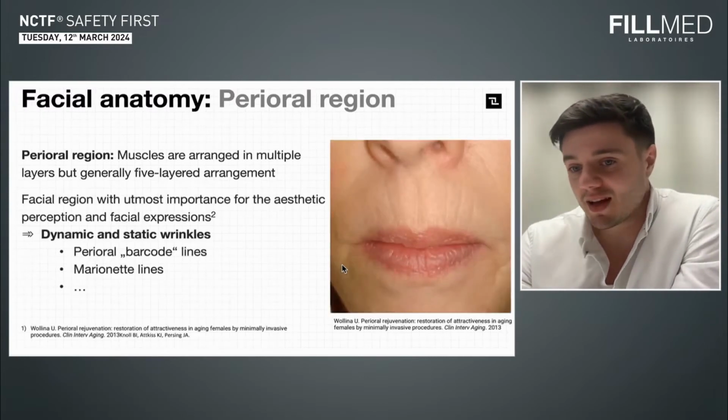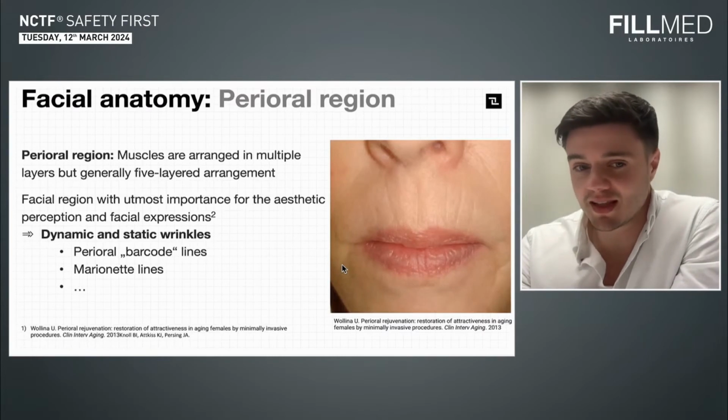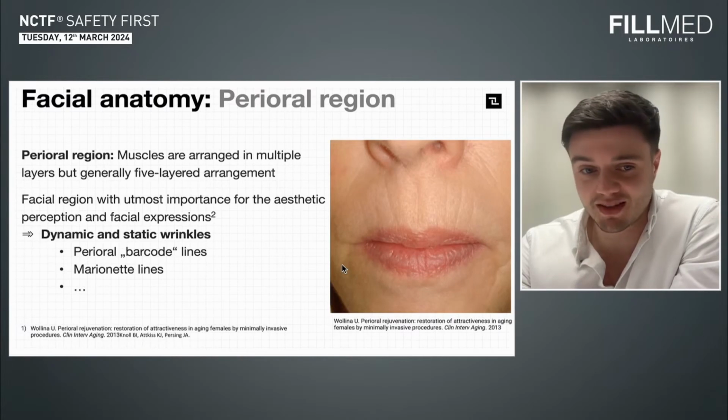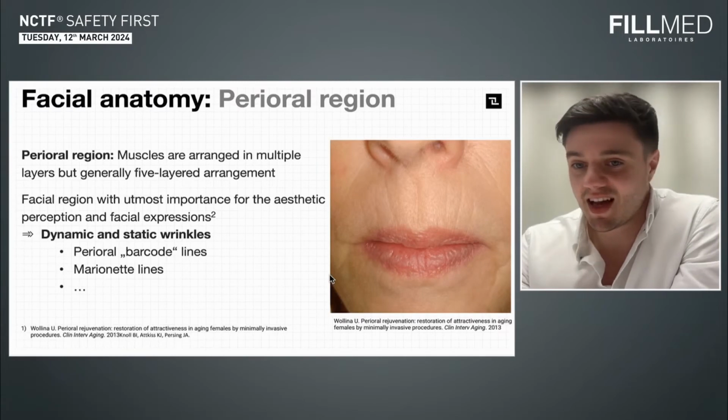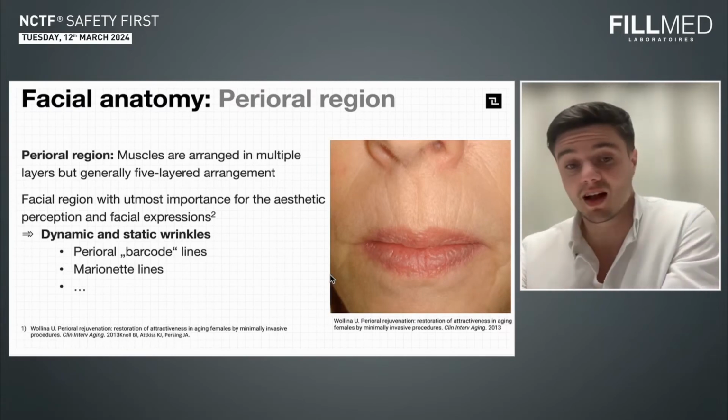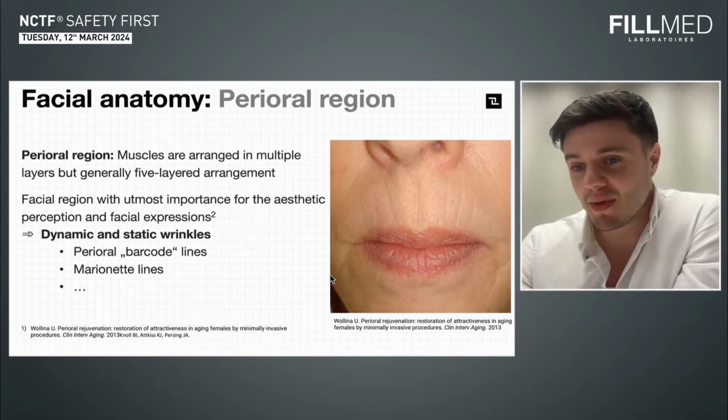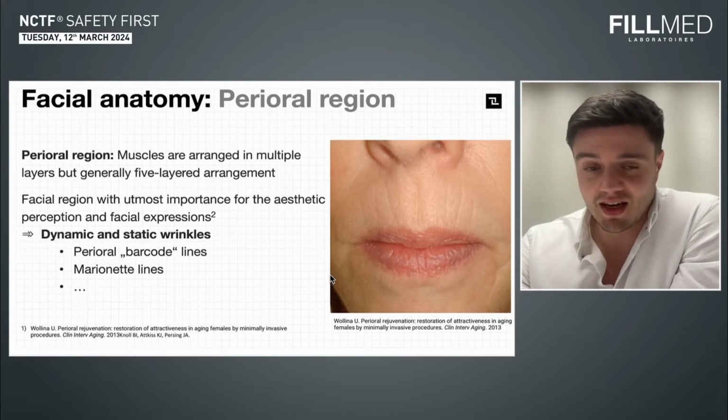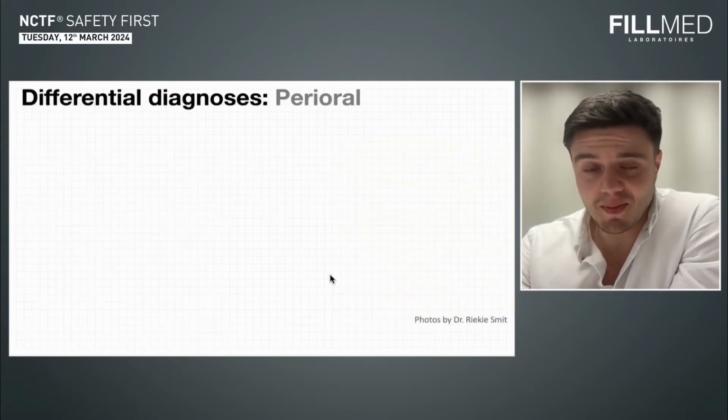And again, we can also see dynamic and static wrinkles. I'm sure you've heard many names already, perioral barcode lines, for example, marionette lines, also termed Merkel lines, the nasolabial sulcus. So there are many names and many aging signs as we age.